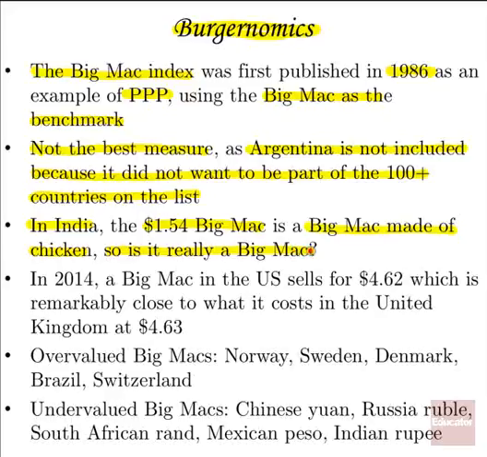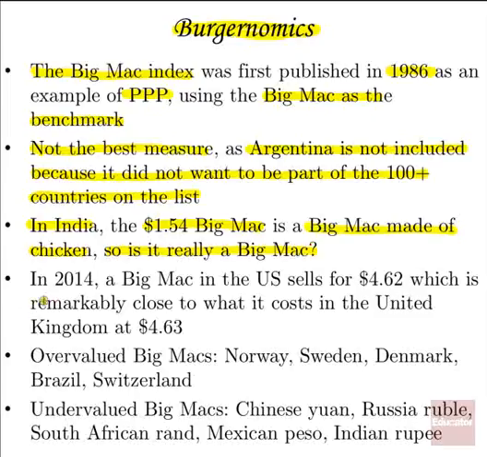So you have to call into question the glitches in using just one item to measure purchasing power parity. But for just one item, the Big Mac does a heck of a good job of showing which currencies might be overvalued and which might be undervalued.